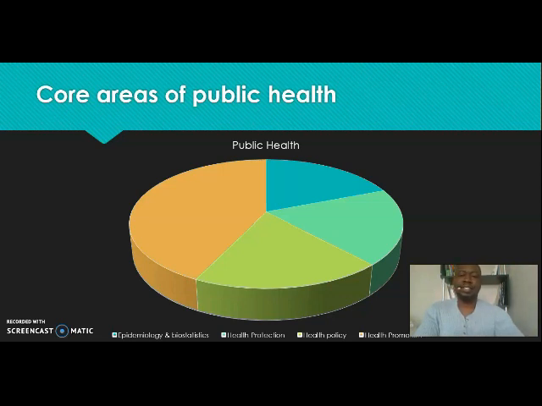And that takes us to the next question. What do public health practitioners do? Public health practitioners in general could find themselves working on a very broad range of subjects. For example, you could find yourself formulating public health policy, contributing to or developing health promotion strategy. You could find yourself working on disease surveillance. You could end up working on research.